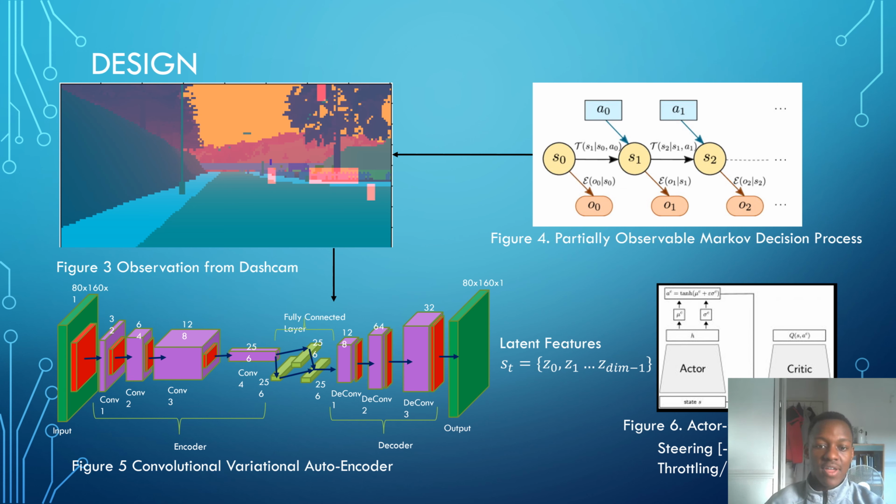And through it, it's fed the latent features from the fully connected layer instead. And in total, this representation is 64 dimensions long, and it's fed to the actor-critic architecture. And the steering actions range from -1 to 1, and the throttling and braking, positive and negative, is -1 to 1.